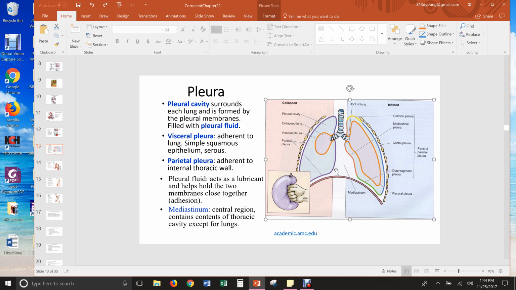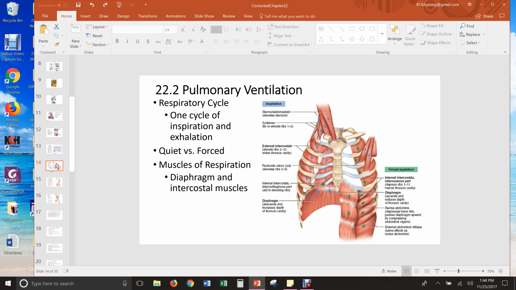The region that is the middle is termed the mediastinum. And if someone gets inflammation in this area, you may have heard of someone having pleurisy, and it's very painful. You're actually feeling your movement of your lungs every time you breathe.